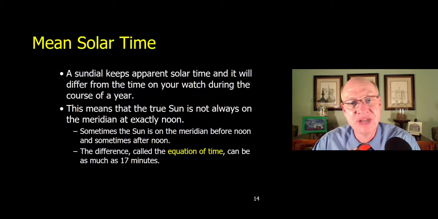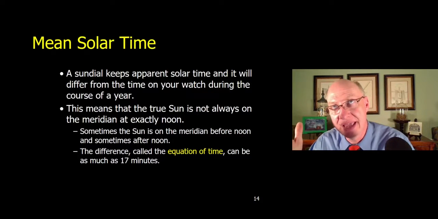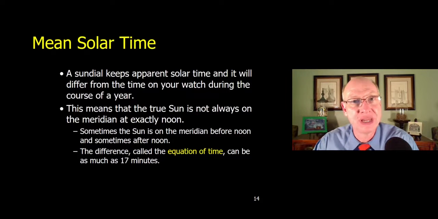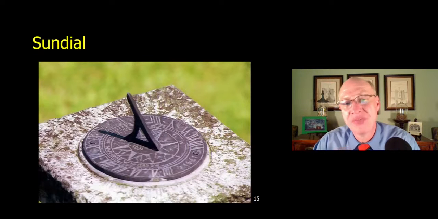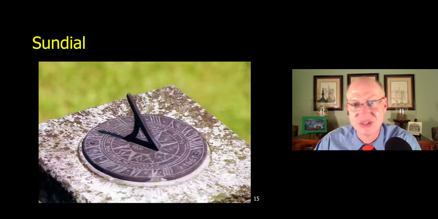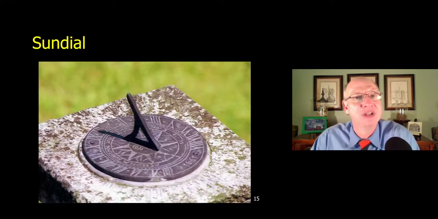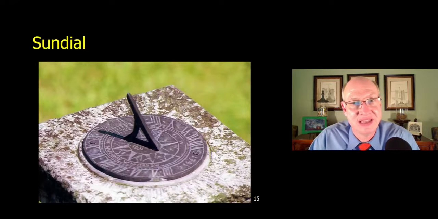And the equation of time can be as much as 17 minutes. So the actual sun in the sky and your watch can differ from one another by as much as 17 minutes. Okay? So that's one of the reasons that a sundial and your watch will be different from one another. We'll talk about more reasons in a minute, but just know right now that's one reason that they're different.